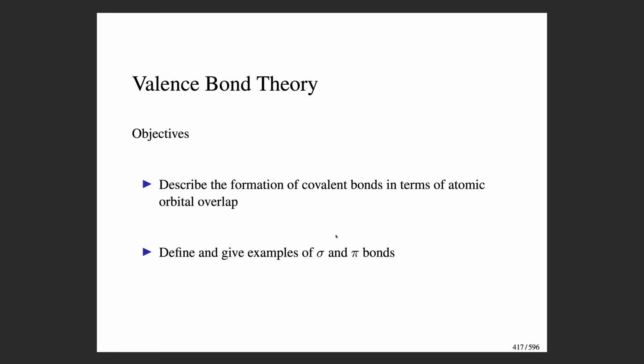The main idea of valence bond theory is that covalent bonds in a molecule are due to the overlap of atomic orbitals. And we are going to talk about different types of bonds within the valence bond theory, so-called sigma bonds and pi bonds.